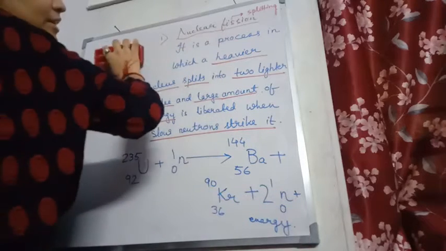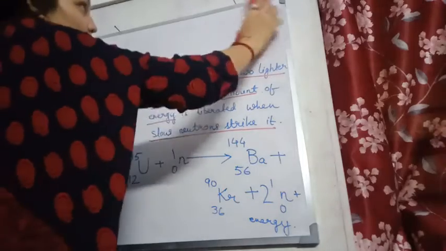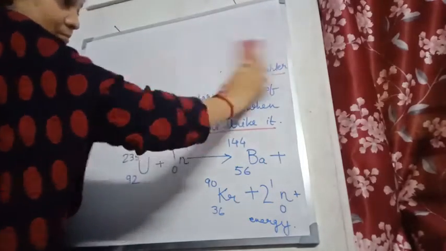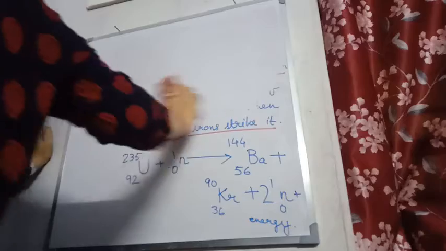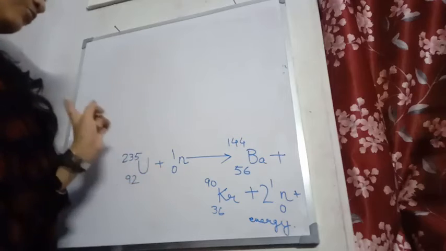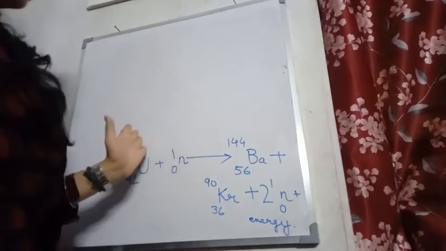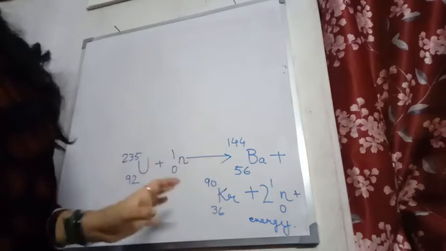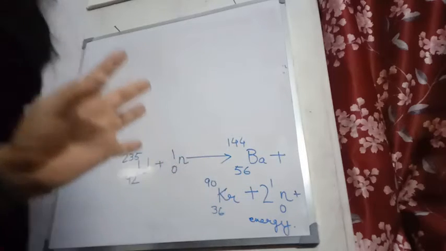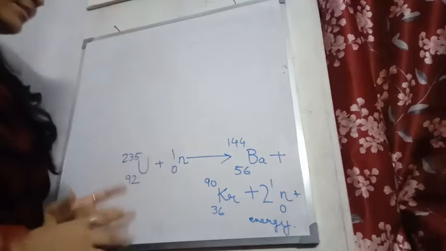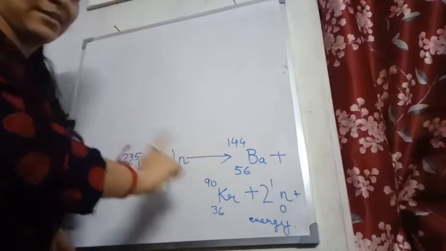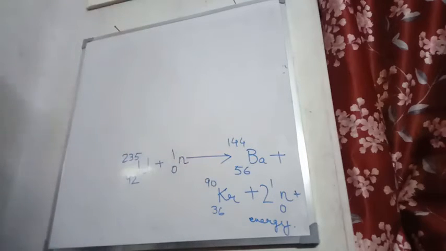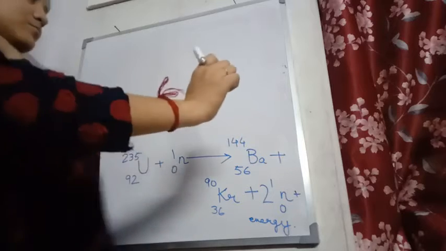What is the significance of that? This being a nuclear reaction, you have to check that the atomic number and mass number on the left hand side and right hand side are balanced. It will always be balanced. If it is not balanced, you are making some mistake, but this is balanced.